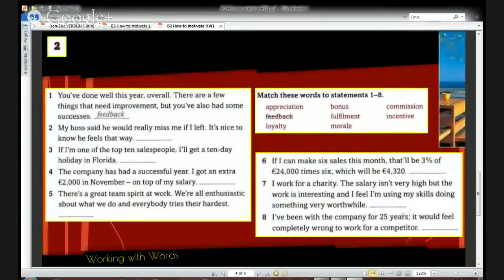If I can make 6 sales this month, that'll be 3% of 24,000 euros times 6, which will be 4,320.